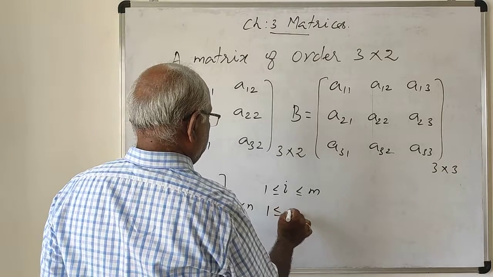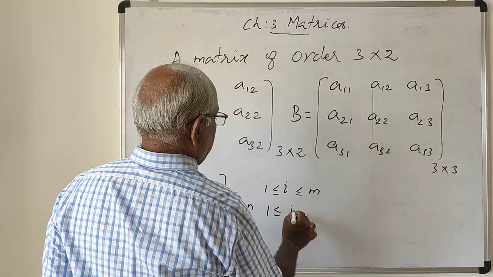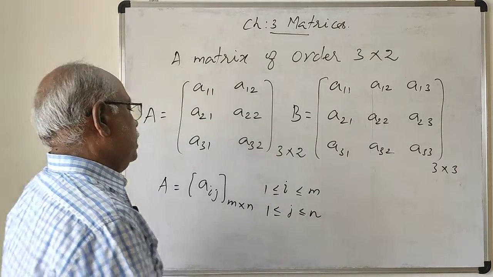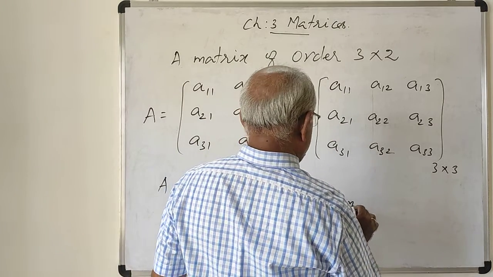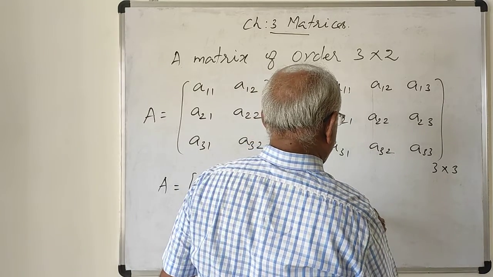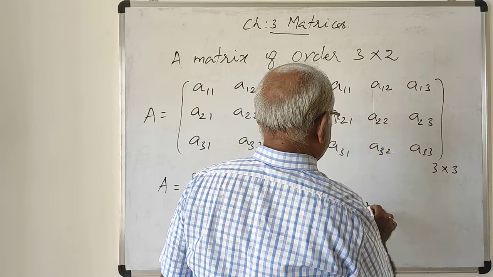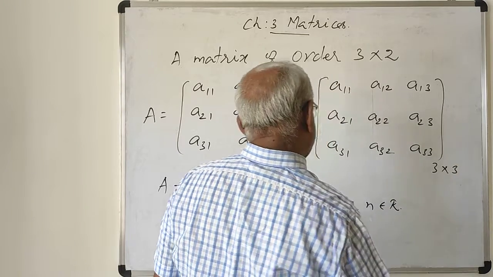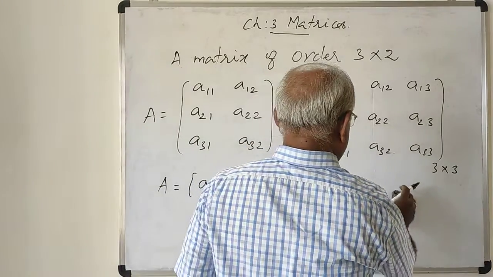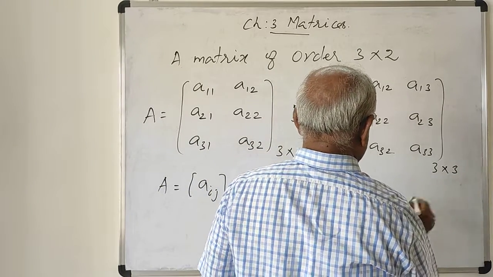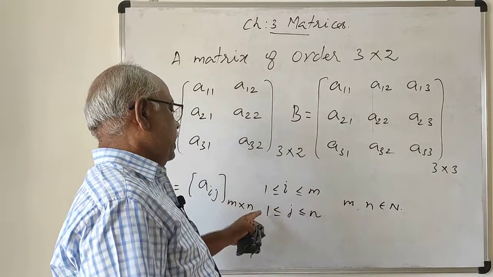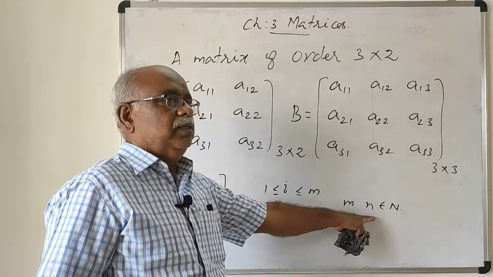Similarly, J varies from 1 to N. M and N are natural numbers, not real numbers, because there is no negative I, negative J. Only positive numbers.